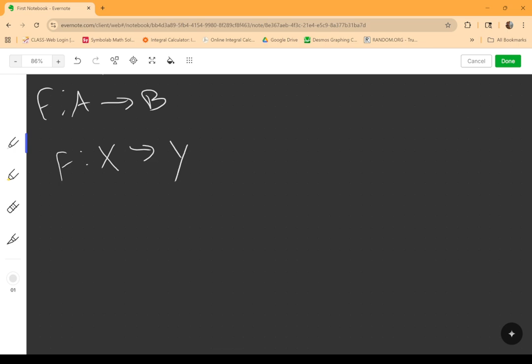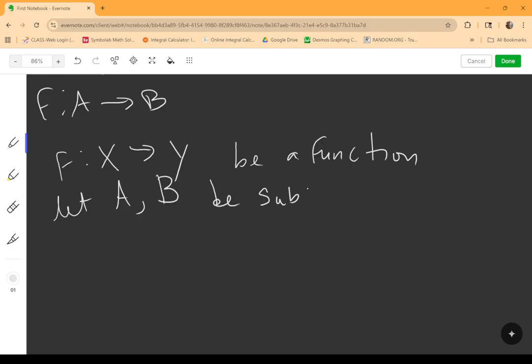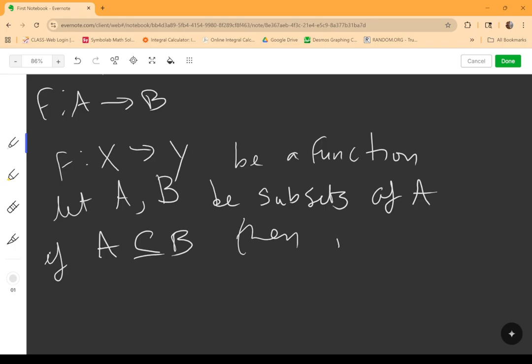Let's say we have a function f from set X to set Y. Let's state even further, we'll let A and B be subsets of X. If A is a subset of B, then f of A is a subset of f of B. So the images of A are a subset of the images of B, if we know that A is a subset of B.